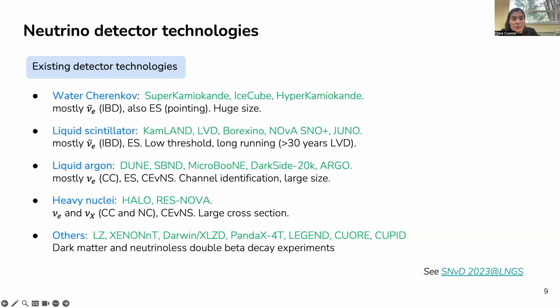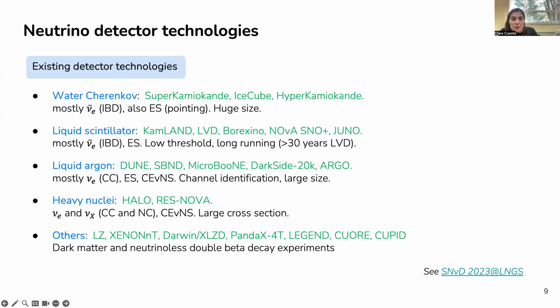The heavy nuclei experiments like HALO or RES-NOVA are sensitive to electron neutrinos, but together with the full flux, they cannot distinguish. Their main advantage is that the heavy nuclei have a large cross-section that increases the sensitivity without needing this huge mass.